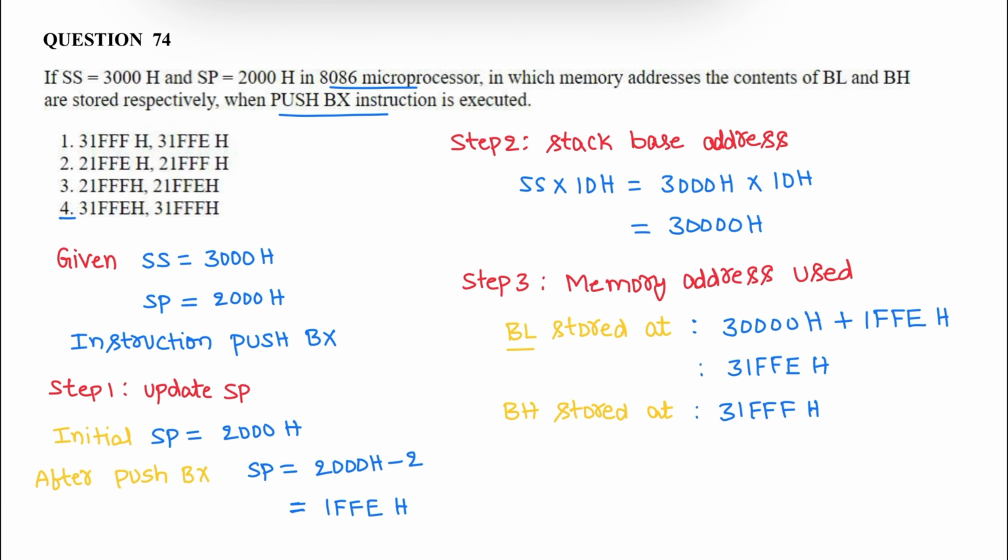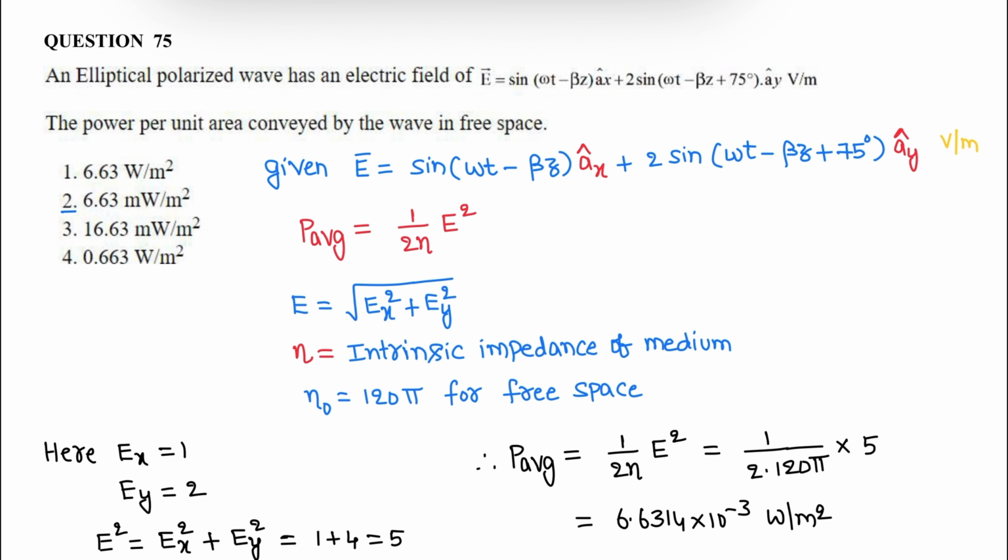For BH, 31FFF. Its value is incremented by 1 here. So the correct answer is option D. BL register 31FFEH, BH register 31FFFH. Option 4.